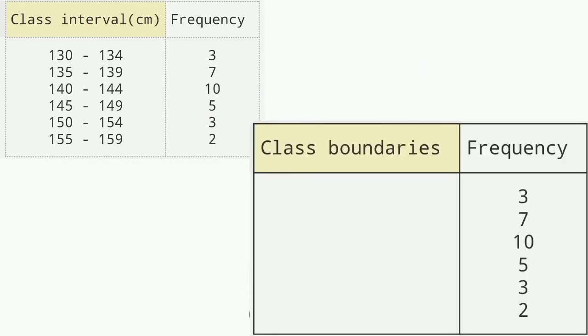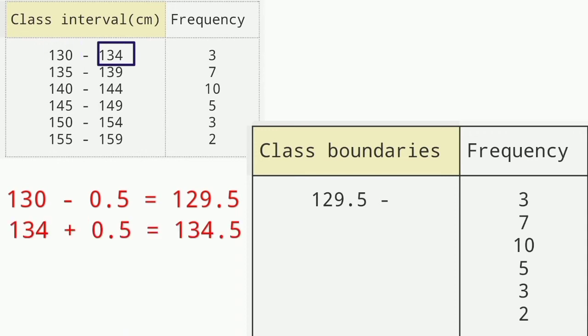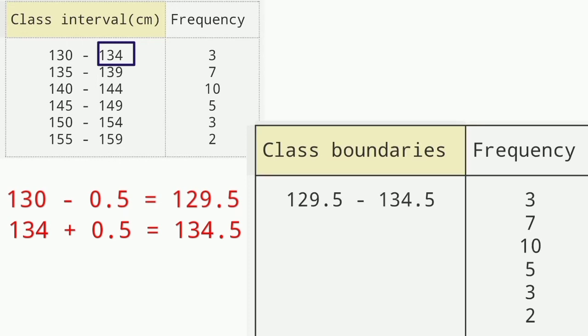For class interval 130 to 134, we prepare a table of class boundaries and frequency. 130 subtract 0.5 gives 129.5. This is the lower limit. For the upper limit, 134 add 0.5 gives 134.5.